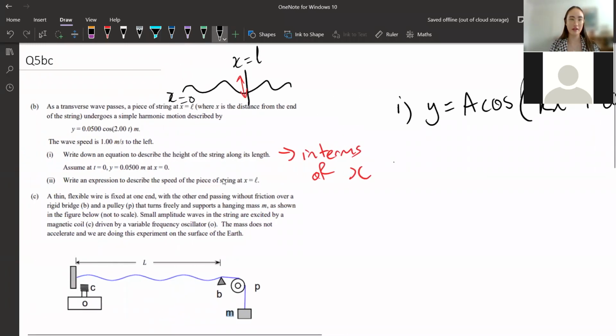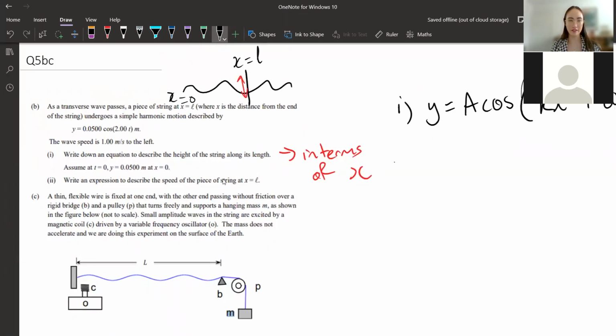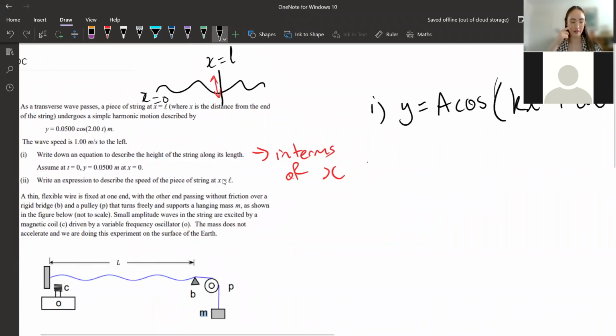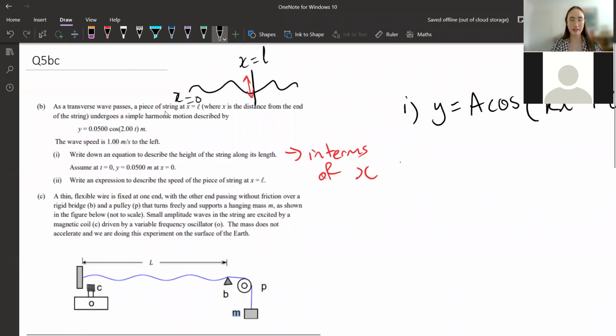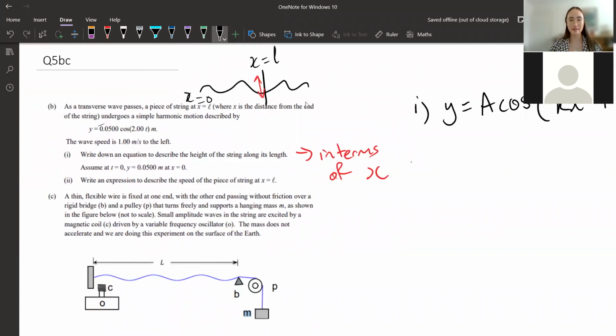And then we'll just go through and figure out what those values are going to be. So A is just going to be the same amplitude as the time equation of the wave at this point here. We assume that that's just as far as it goes. So A stays the same. A is equal to 0.05.